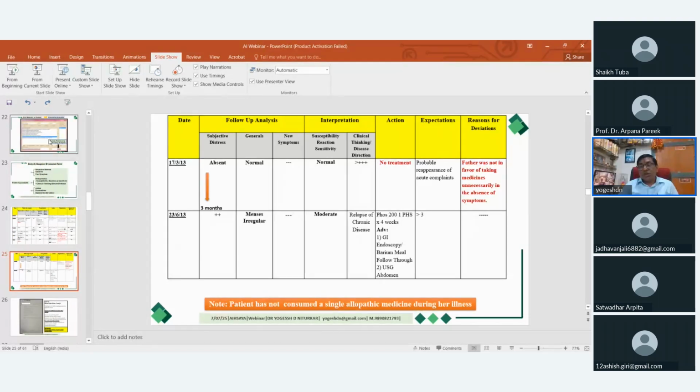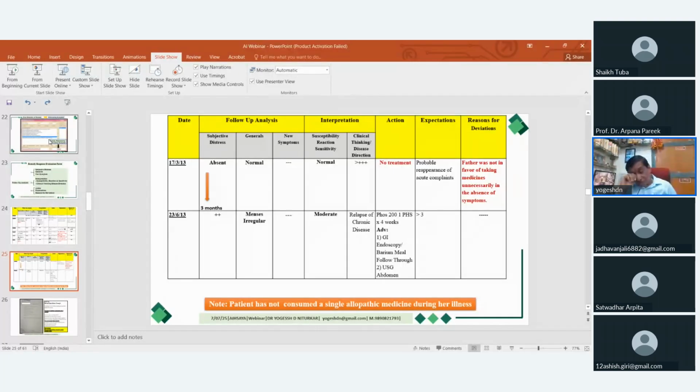Now this no treatment was in view of that probable in some time she may come up with acute complaints also. But father was not in favor of taking medicine as there were no symptoms at all. This is a common practice that most of the patients or the family members follow.